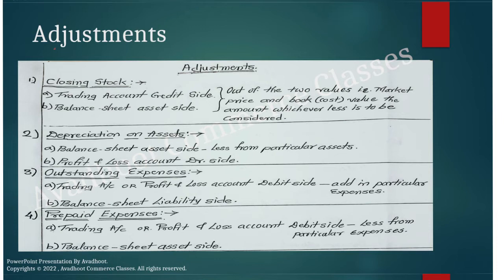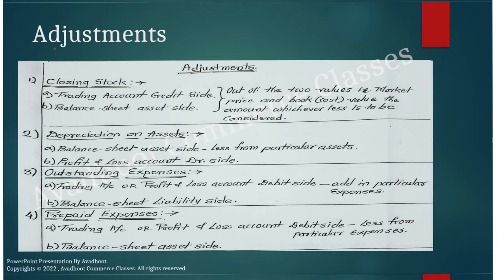But 2 or 3 items are there that you are going to reduce from the credit, or from the debit. For example, return outward is always a credit balance, but we deduct it from purchases on the trading account debit side: less return outward.